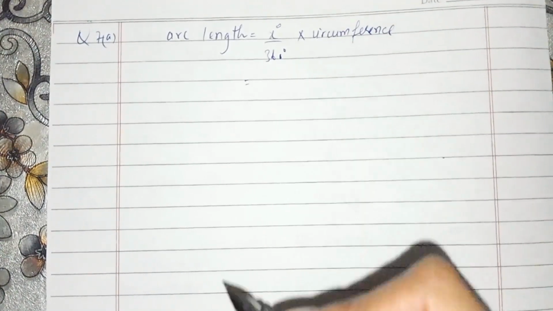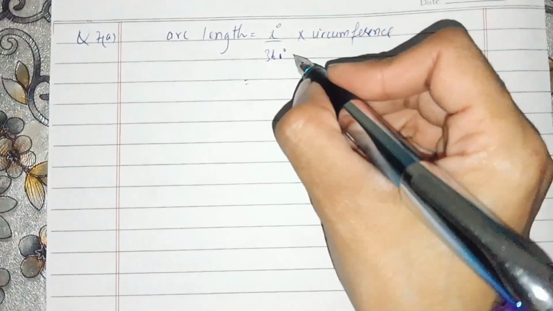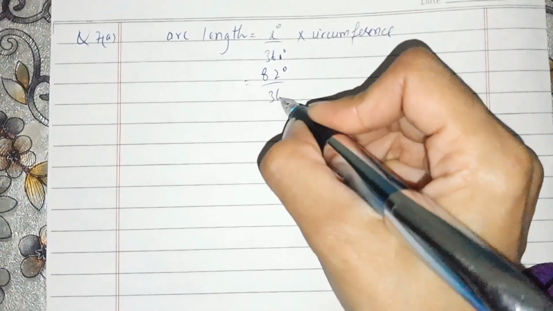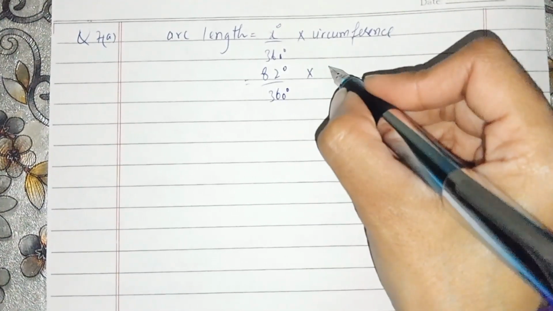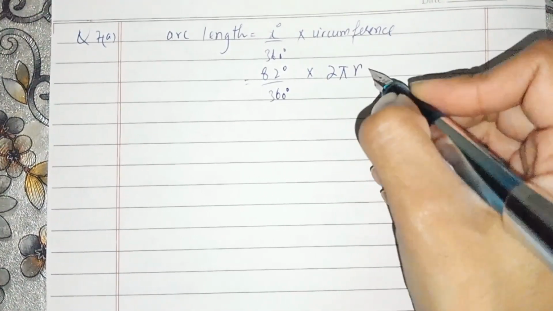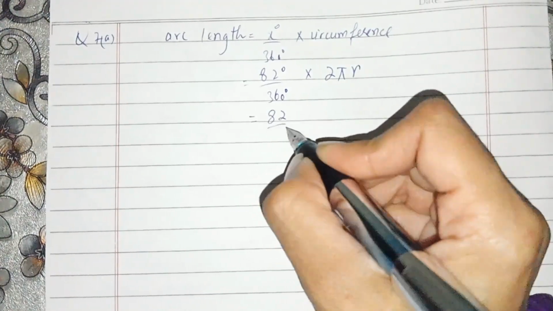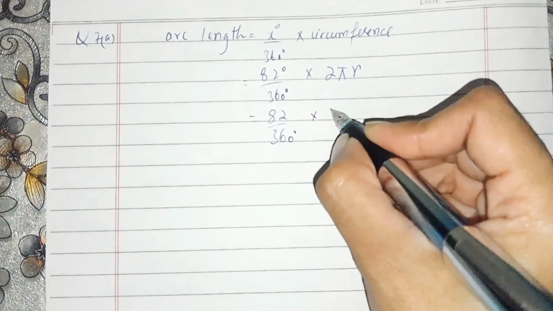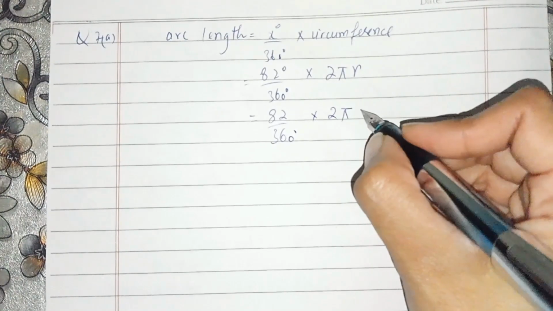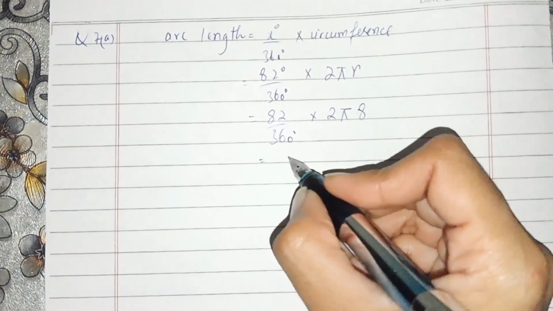And as x degree is given to us, 82 divided by 360, and circumference formula is 2 pi r, and r is given to us, which is 16.